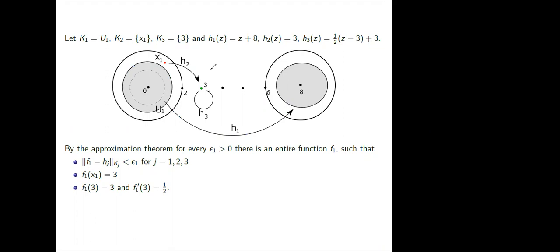Therefore, we can find a holomorphic function f1 which satisfies all these conditions, namely that it's almost a translation on this disk, that it maps x1 to point 3, which is a fixed point, and has derivative 1/2, let's say, at that point. That's what is written here. So this is the first step, and this is how you obtain the map f1.